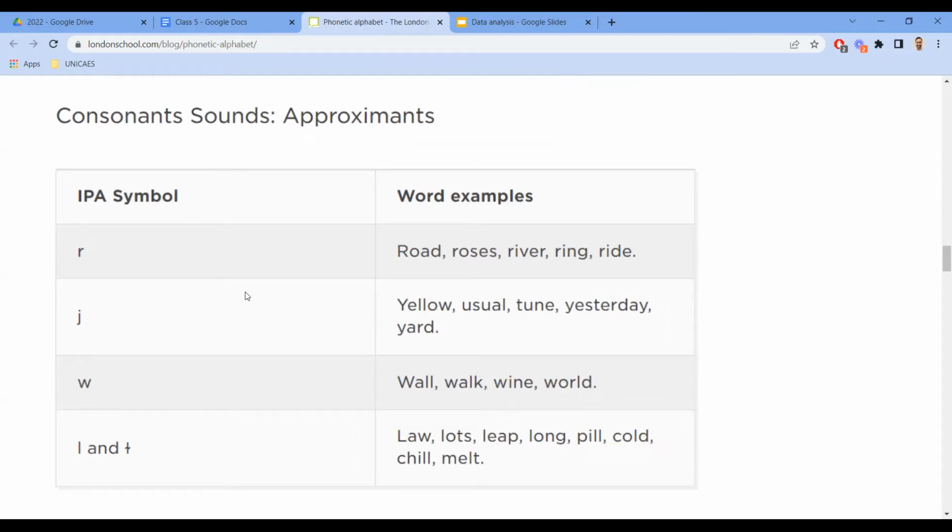So this one is, for example, when you say yellow, it's not the Spanish y, like the double L. So this one is the glide: yellow, usual, tune, yesterday, yard. So this glide approximant sound is a very different sound.